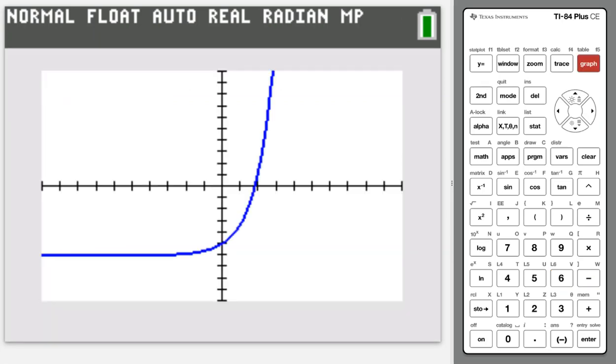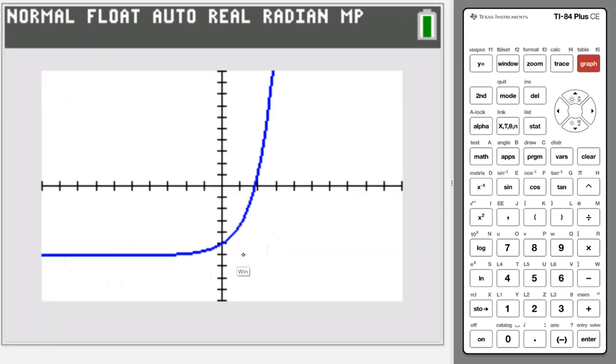I graph velocity. Velocity's negative here, so it's going to the left at these times. Here, because this is backwards in time, that doesn't make sense. It's going to the left and then it's going to the right. This is where it's changing direction.